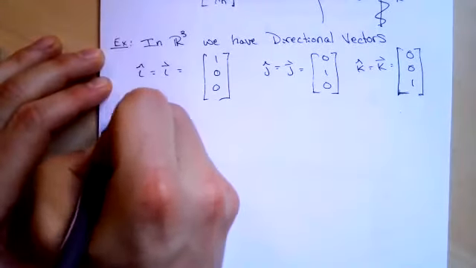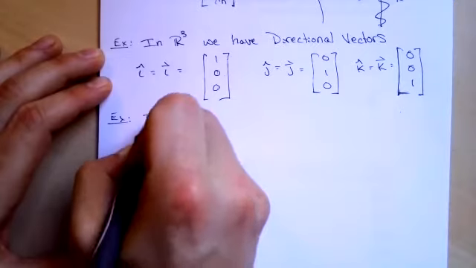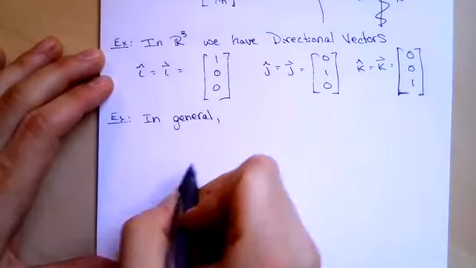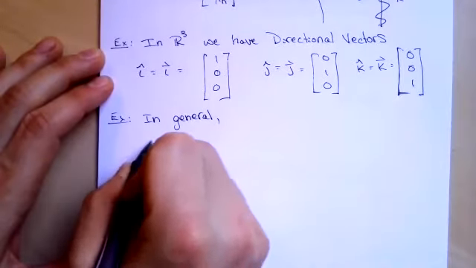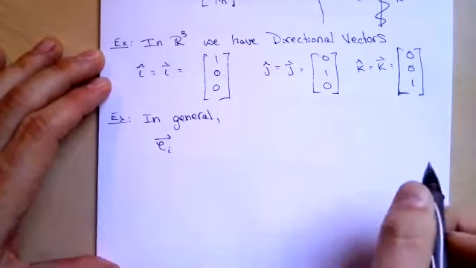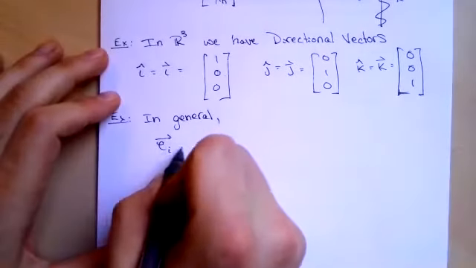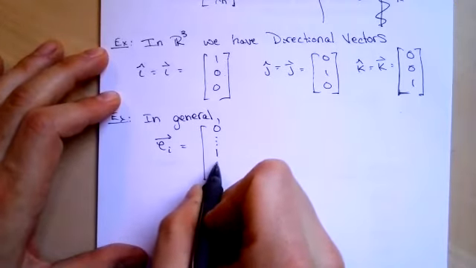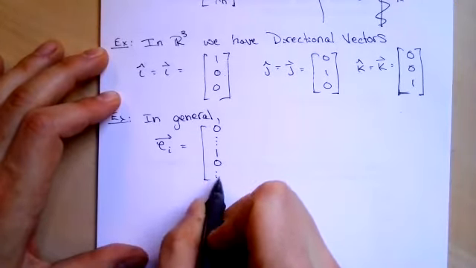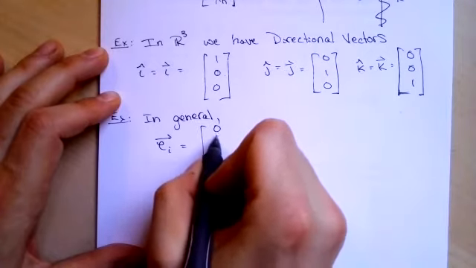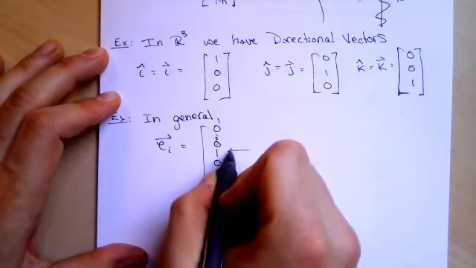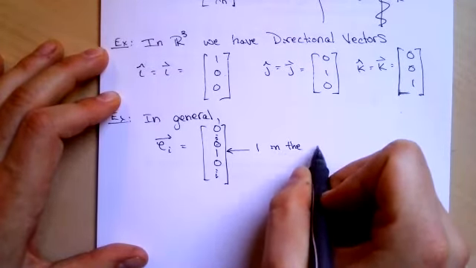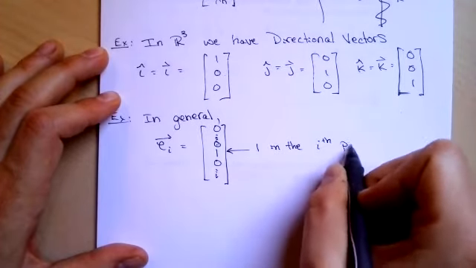More generally, we like to use this notation of e. We commonly use these e's to represent our unit vectors within a given direction. It's going to have just zeros everywhere, and then it's going to have a 1 in the ith position.